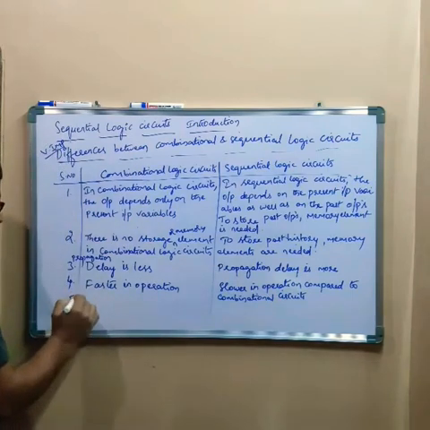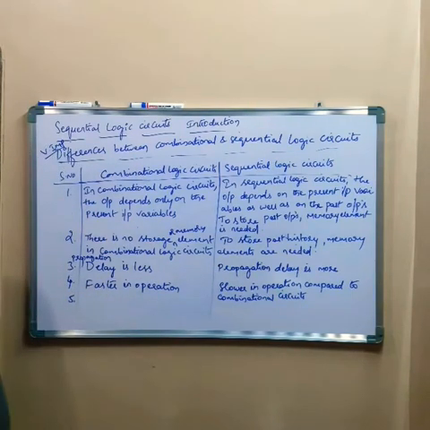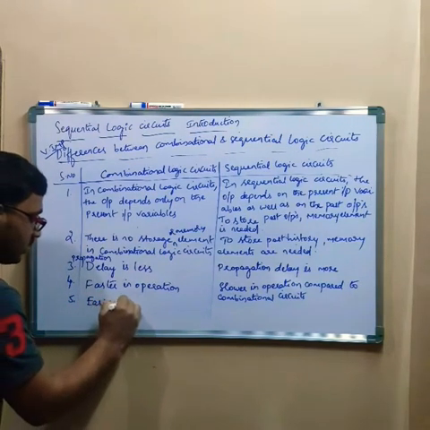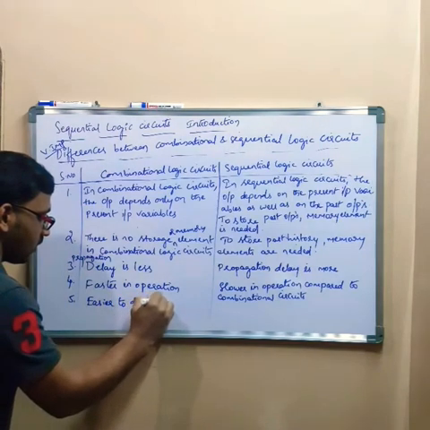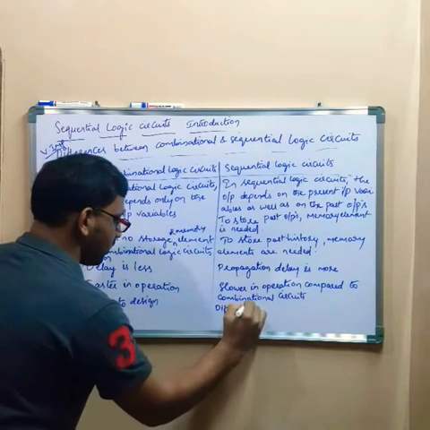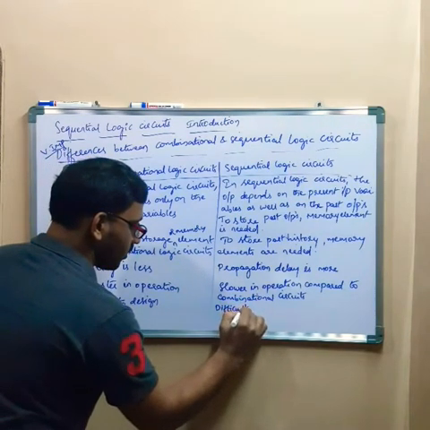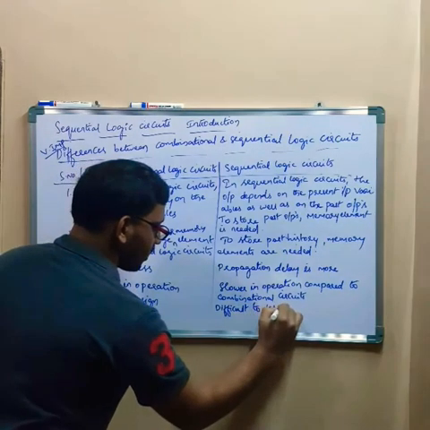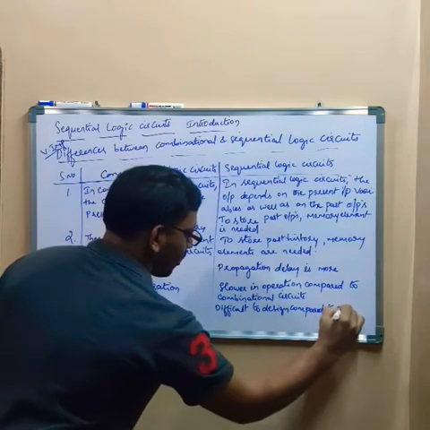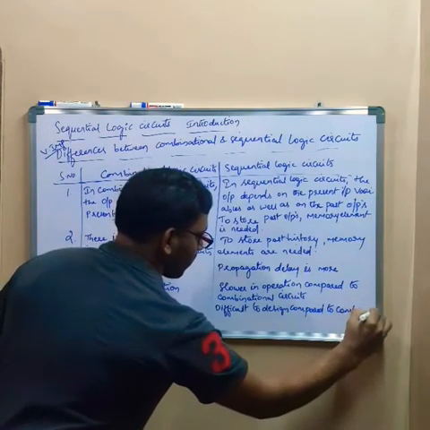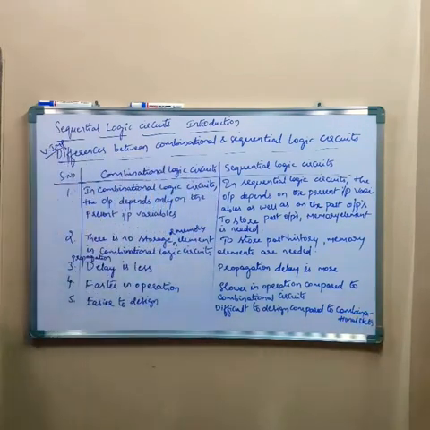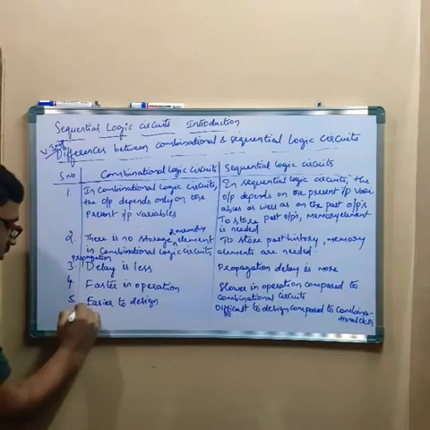Right? Next one. These combinational logic circuits are easier to design, and these are difficult to design compared to combinational circuits. Right? The examples, next one.